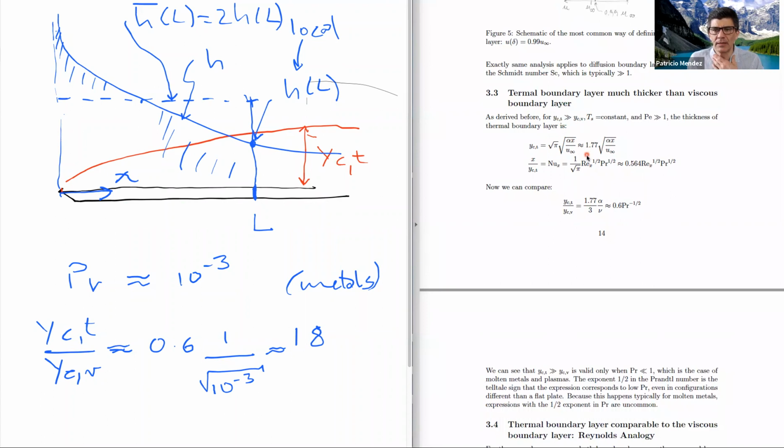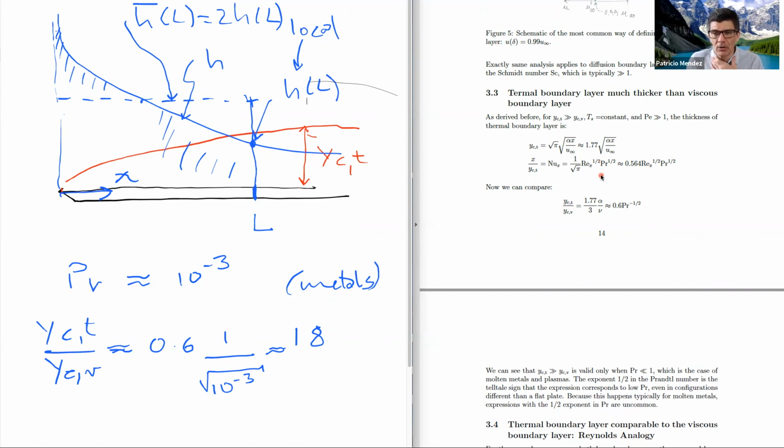But for the thermal boundary layer, in the case of molten metals, the heat had penetrated deep into the molten metal, and everything is moving with a uniform velocity because the viscous boundary layer is very, very thin. It's just like painted on the surface. So we could do that calculation easily.